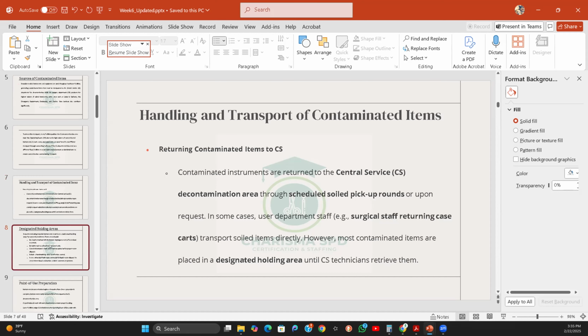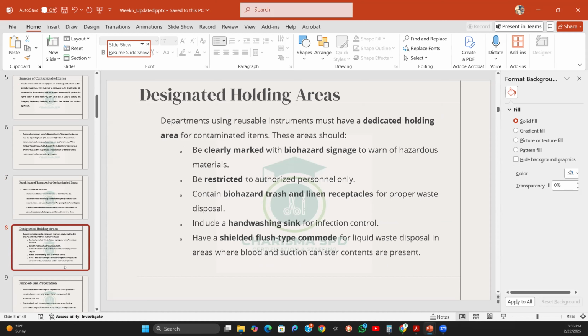Now, in some cases too, central sterile processing technicians are scheduled to go around and pick those contaminated instruments. And they are scheduled to pick them at some appointed time.